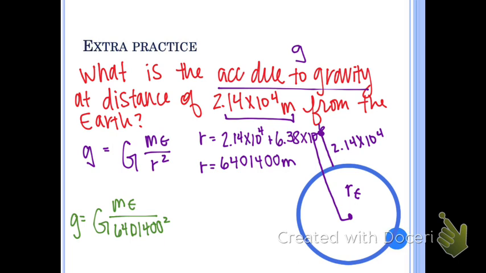So since my number's already in my calculator after adding it right there, I just go ahead and hit squared, and then I go alpha M divided by the answer. Then I take that times alpha G. Right, and I get an acceleration due to gravity of 9.73.